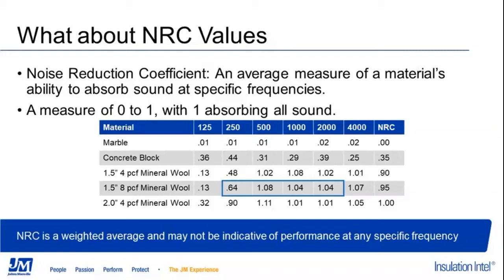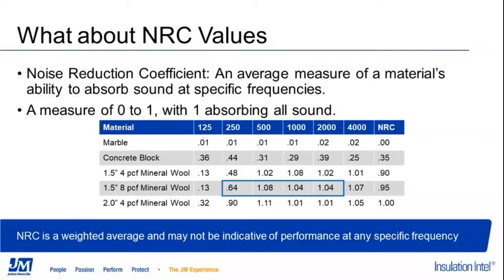If you have a very specific noise level at a particular frequency that you're trying to solve, and that material doesn't have very good performance at that individual frequency. A good example of this is taking a look at the 1.5-inch 4 pound per cubic foot mineral wool, the third one down from the top of the chart.